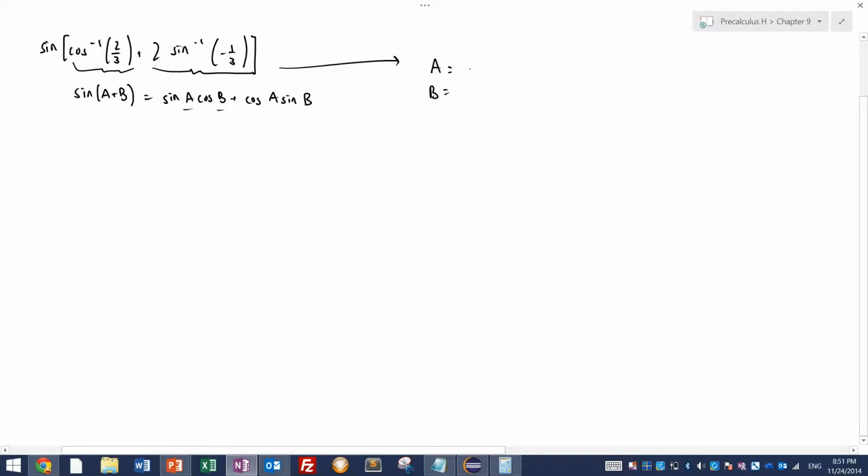A in this case is going to be arc cosine of 2/3, and B is going to be, we'll have to include that coefficient there, 2 times arc sine of negative 1/3.